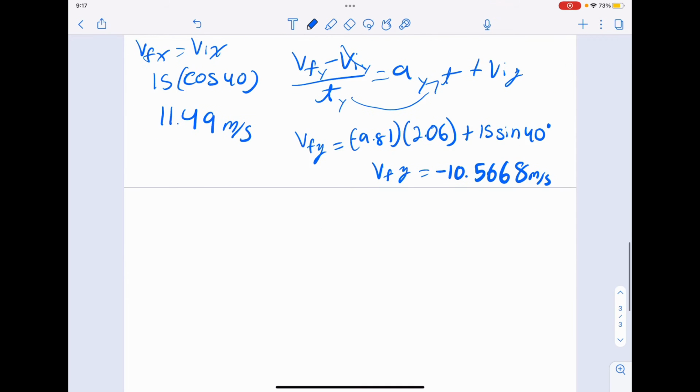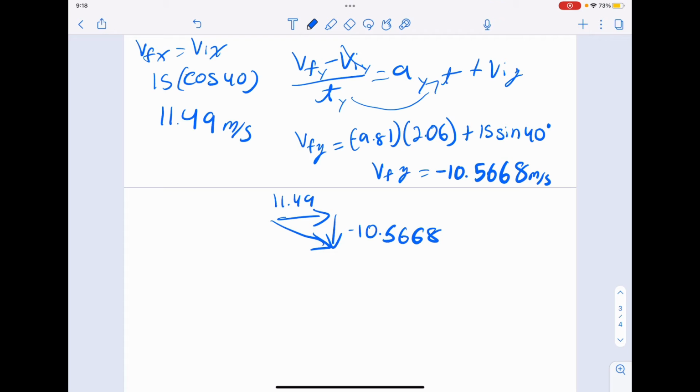So once again, we're going over 11.49. We're going down negative 10.5668, whatever. And then our final is going to be, oh, wait, wrong button.